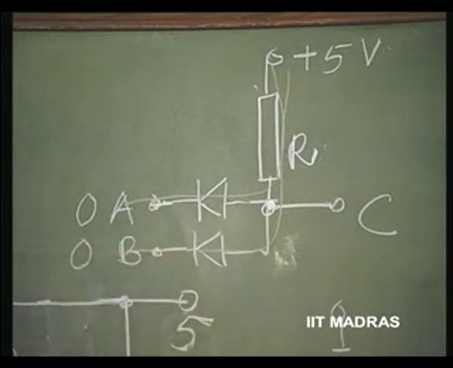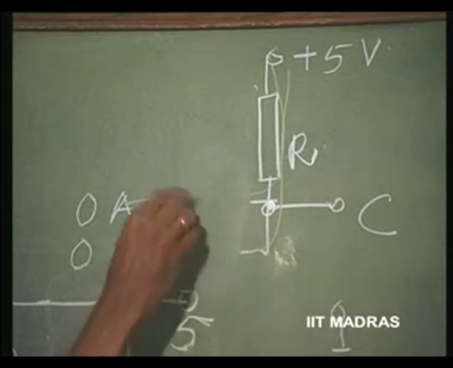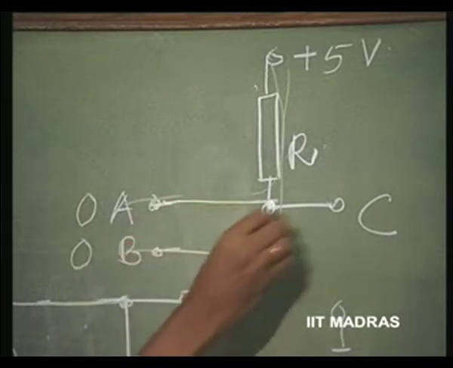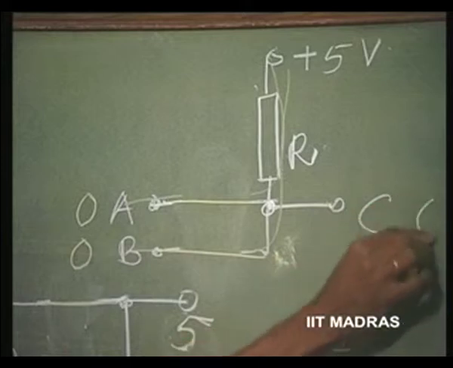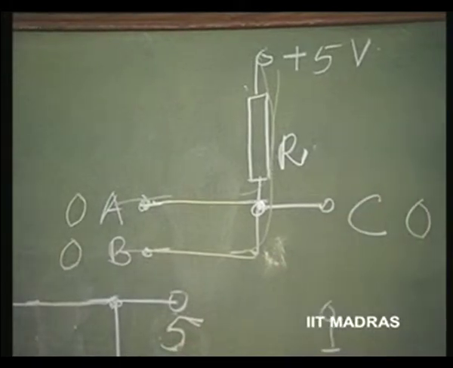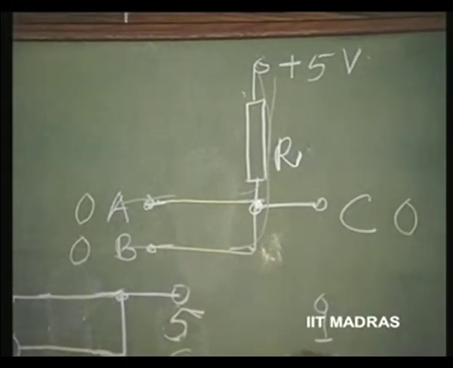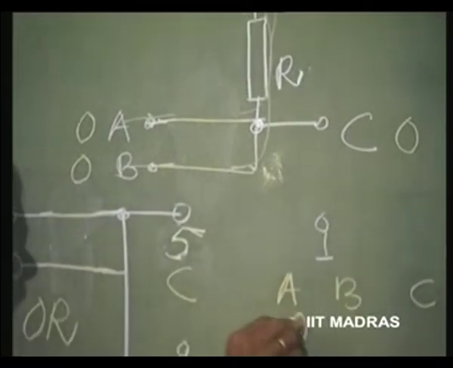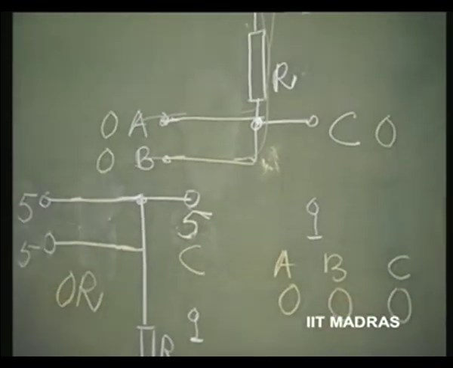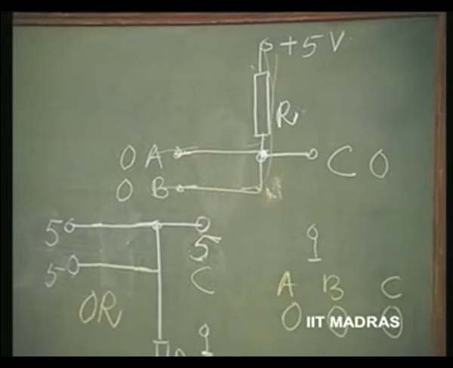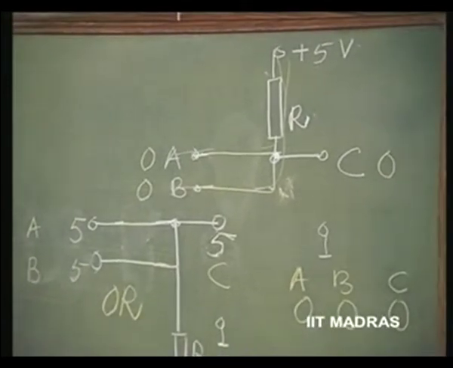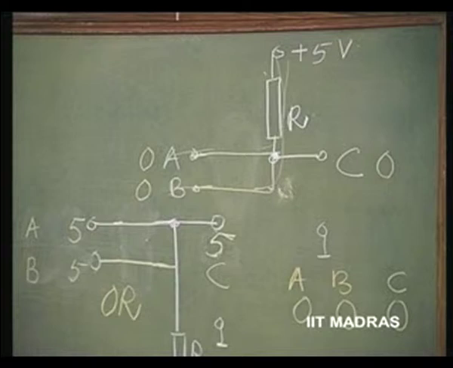If both the diodes conduct, let us replace them by short circuits, and output C is at 0. So, A, B, C is 0 0 0, that is understandable. Both the diodes are conducting when the output is at 0, please remember.